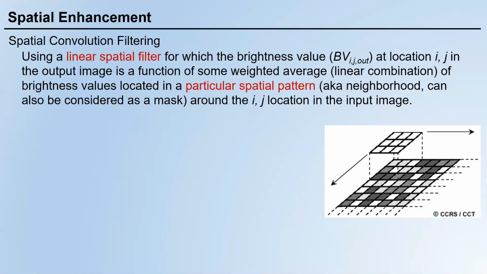This is the linear spatial filter. It can be called a filter, a neighborhood, or a mask. No matter what, it's a 3x3 window. Of course, you can assign other shapes to this window, but I will tell you that later. Here, let's just say this is the simplest situation.